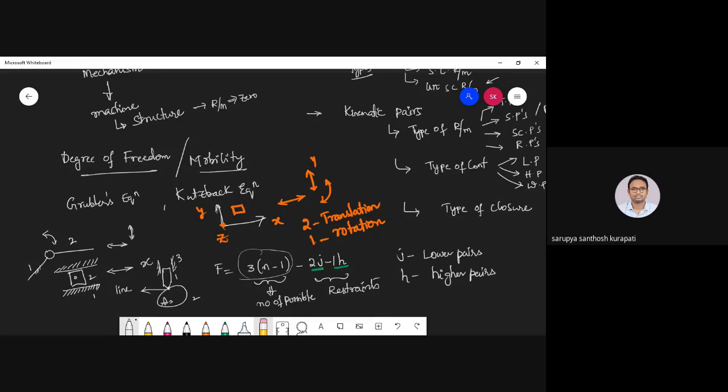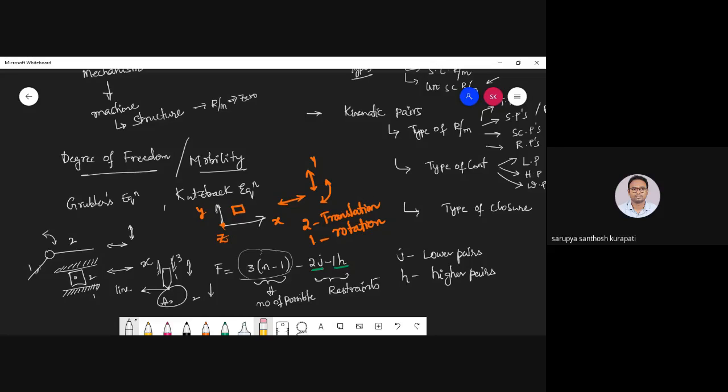Here there is no spring force, so it can easily reciprocate and slide. That's why here you have only one restraint. That means it can't move in this direction. Because of this restriction, it can't move sideways. So in higher pairs, you have only one restraint.